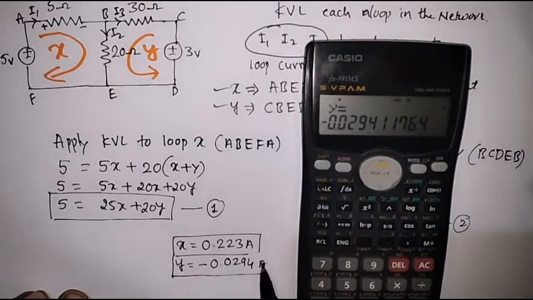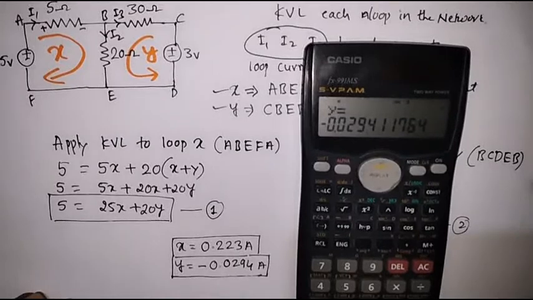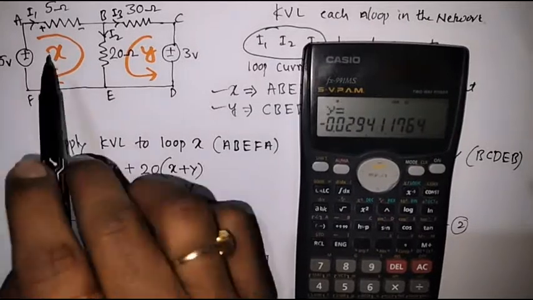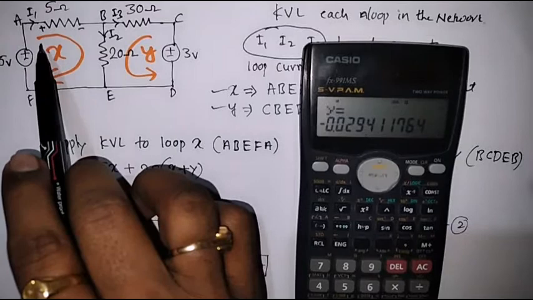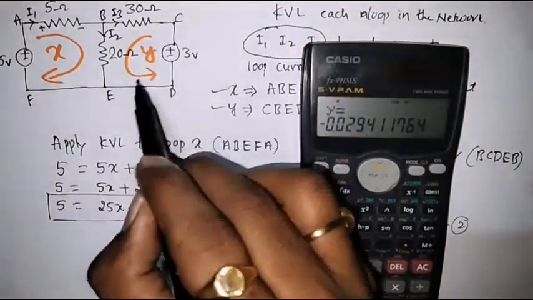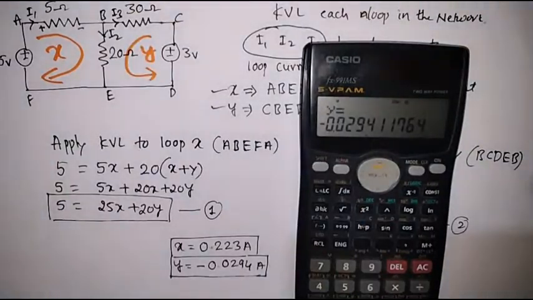So these are the loop currents X and Y. Here the value of X is positive, which indicates that the direction we have taken is correct, that is current is flowing in the same direction. Here we got Y as negative, which indicates that the current Y is flowing in the opposite direction. That's all.